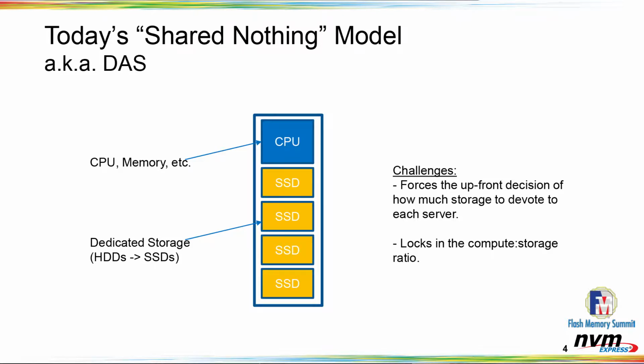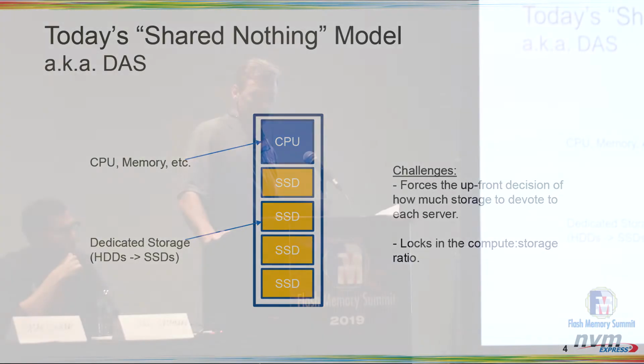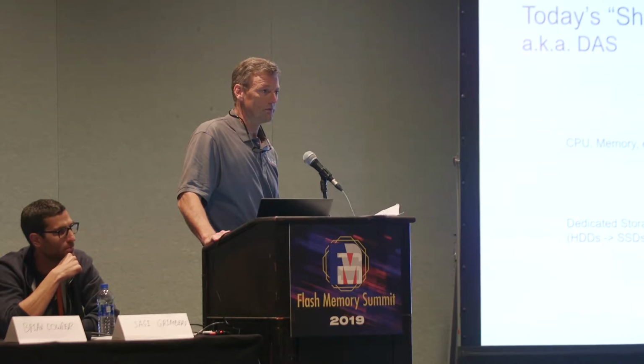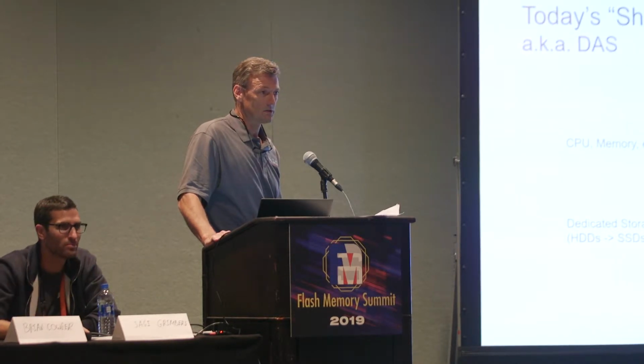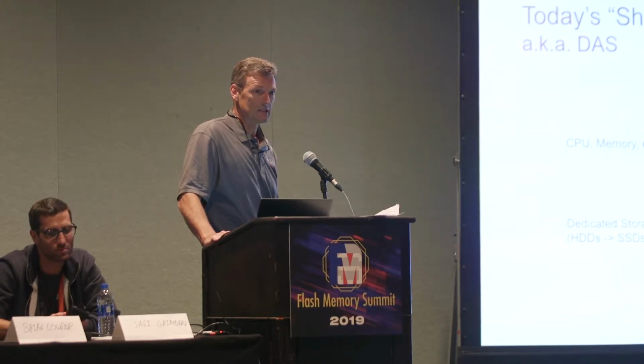Let's look at that and figure out why it can be challenging, and then we'll look for opportunities. It's very simple. You have a CPU with some number of cores, and then you need to decide how much storage you're going to add into that server in this direct attach storage mode. So you pick some number of HDDs, which it used to be, but now it's increasingly turning to SSDs.